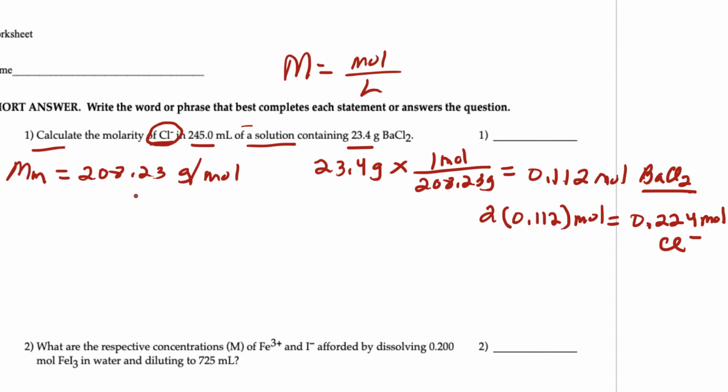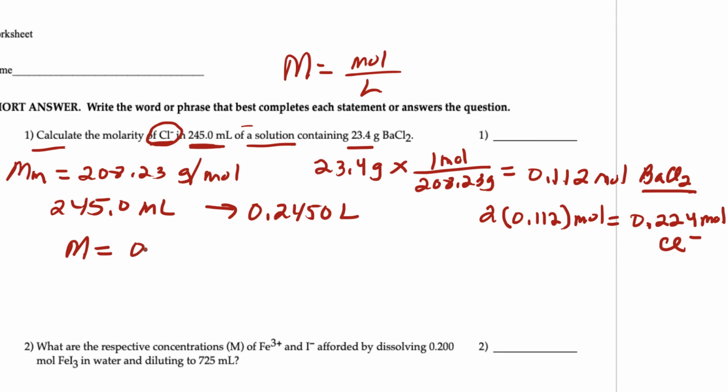Now all we need to do is calculate the molarity. We have 245 milliliters of solution. When we convert that to liters, we just divide it by 1,000. Now we calculate the molarity of the solution.